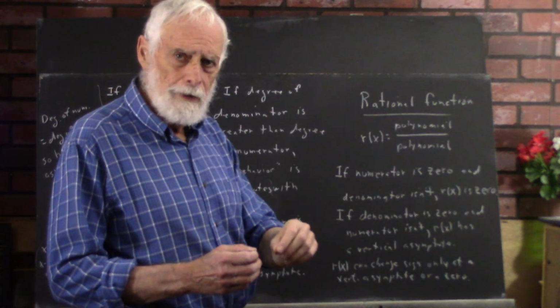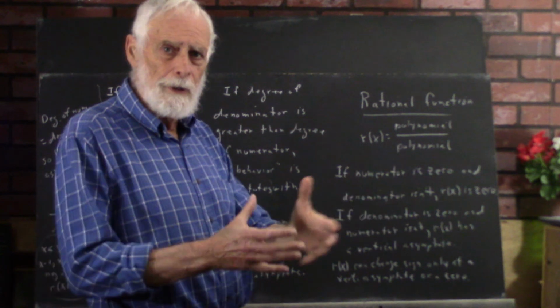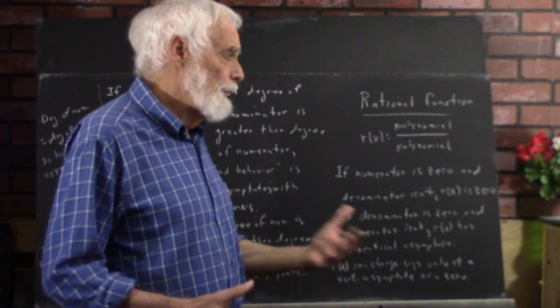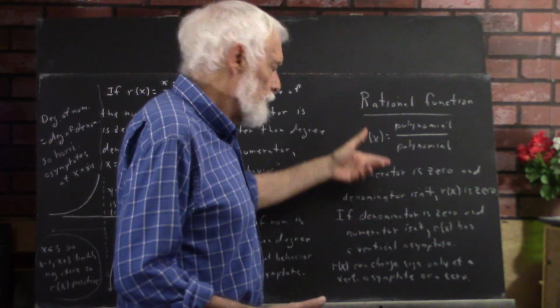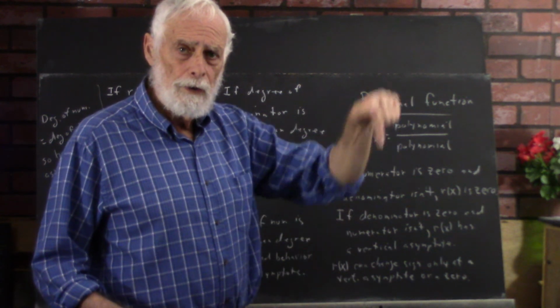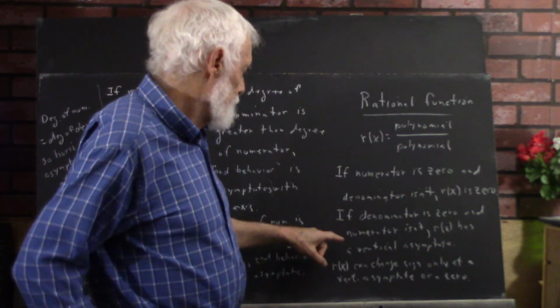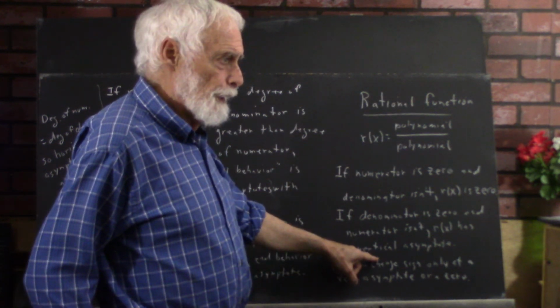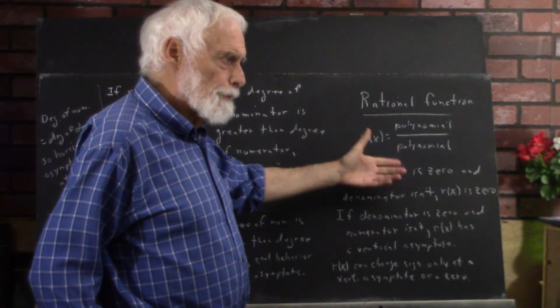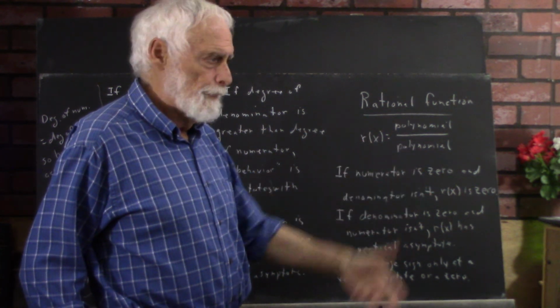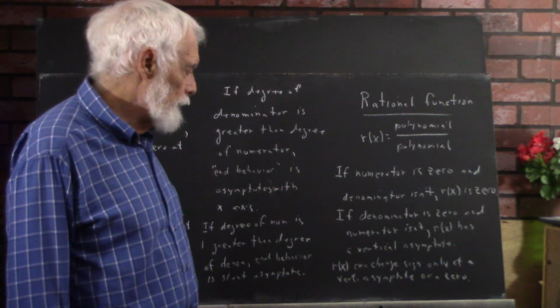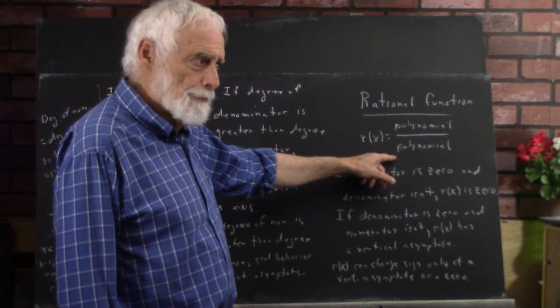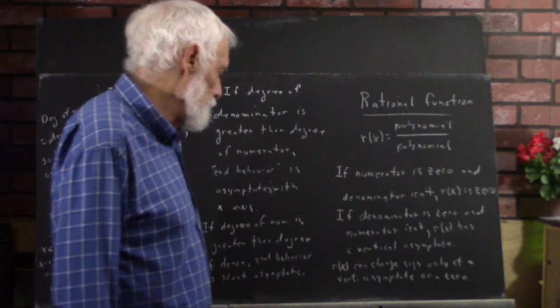So very tiny goes into something that's not very tiny as many times as you want, meaning that your quotient is either going to approach infinity or negative infinity. And that gives you a vertical asymptote. Often it'll approach infinity on one side, negative infinity on the other, depending on the degree of the 0 here.